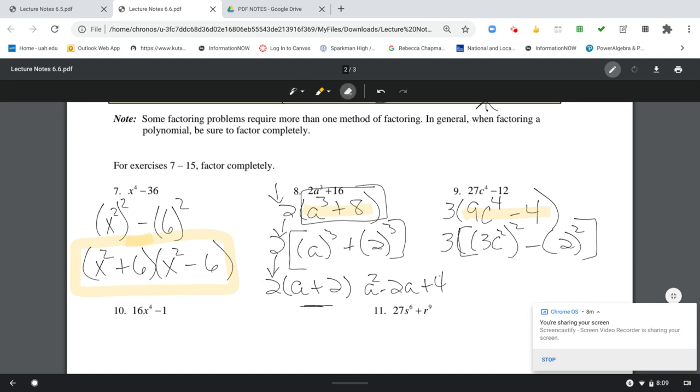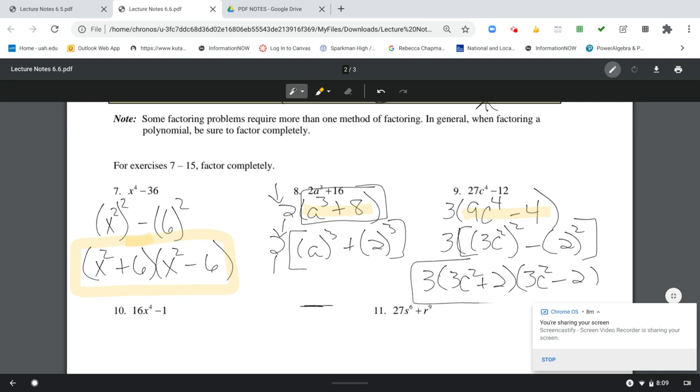So the end result for that particular problem, number 9, is the greatest common factor 3, and then I get 3c squared plus 2 and 3c squared minus 2 as the conjugate factors of the difference of squares, 9c to the 4th minus 4.